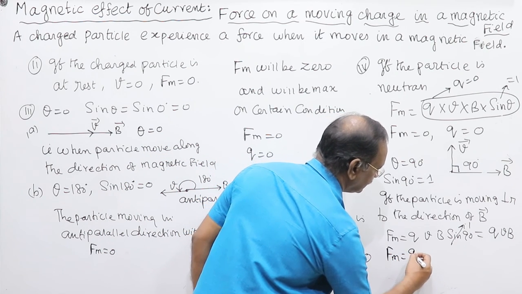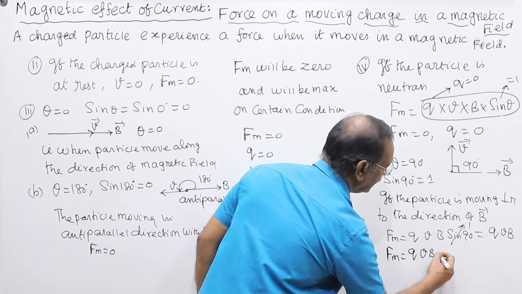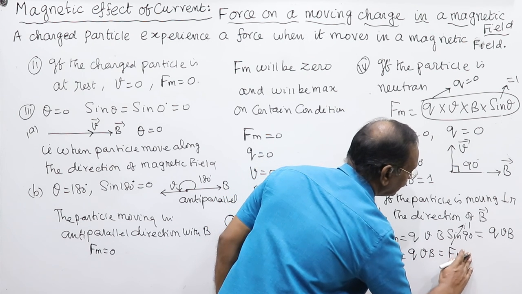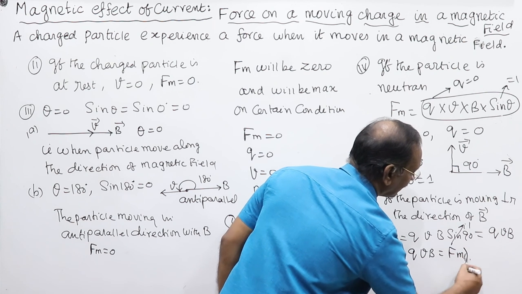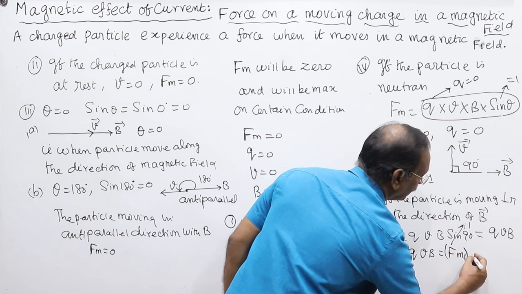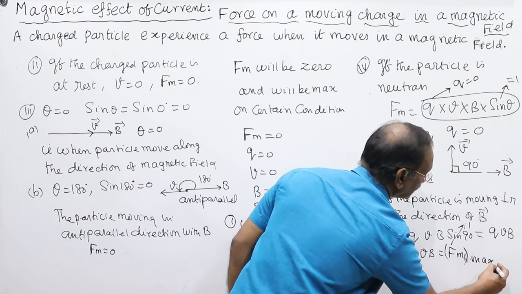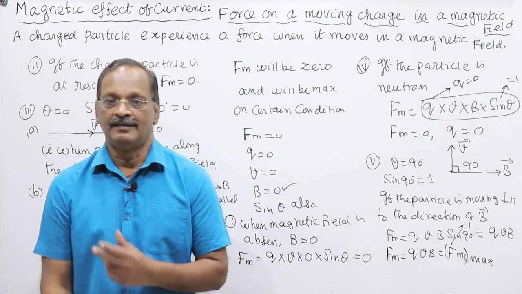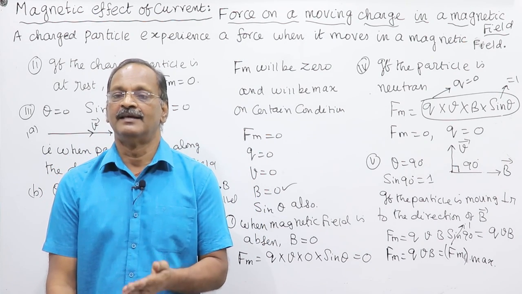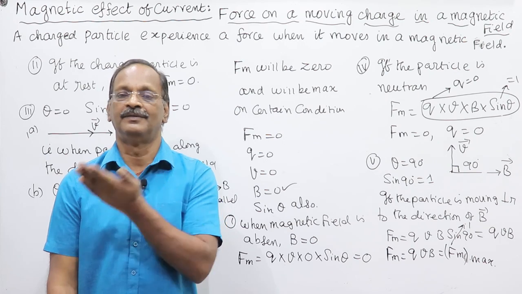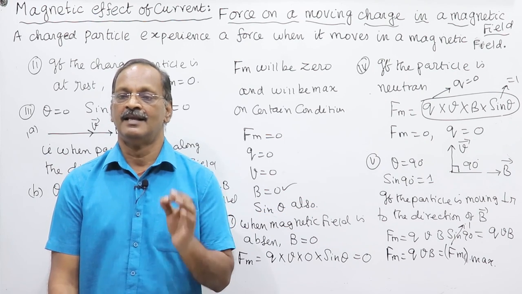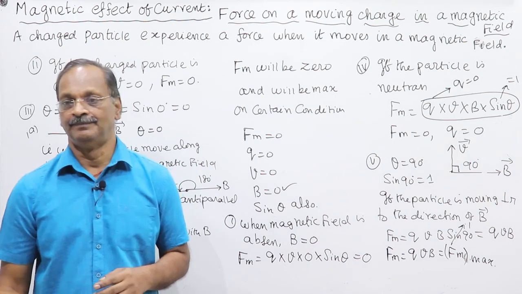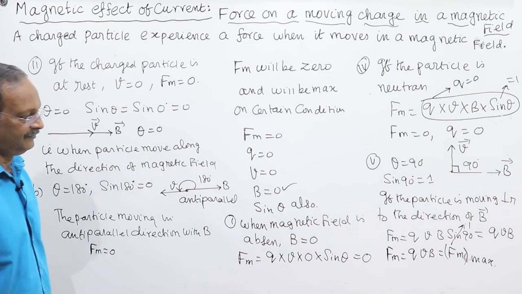Magnetic force is equal to Q into VB is equal to force maximum, Fm maximum. You can say a particle moving in a magnetic field, and if it is moving in a direction perpendicular to the direction of magnetic field, the magnetic force will be maximum on the particle, and which is equal to QVB.